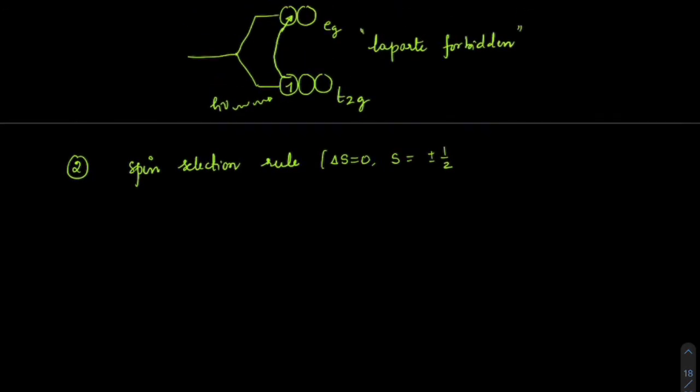What I meant to say, suppose we have a T2G orbital and an EG orbital.